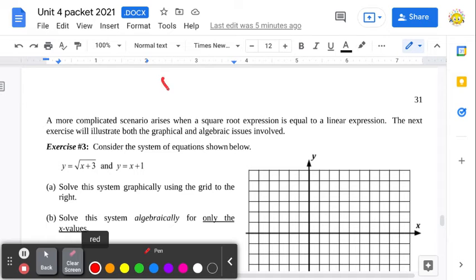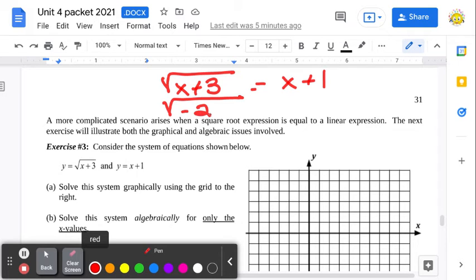If I set this equal to each other, square root of x plus 3 equals x plus 1. And I plug a -2 in here. And then I put in a -2 here.